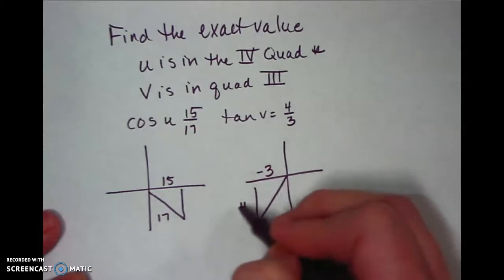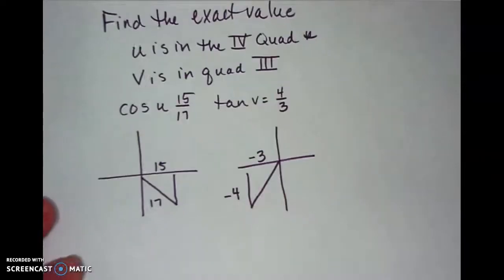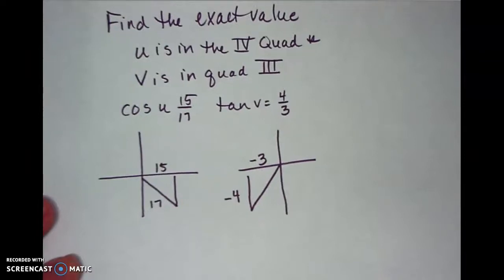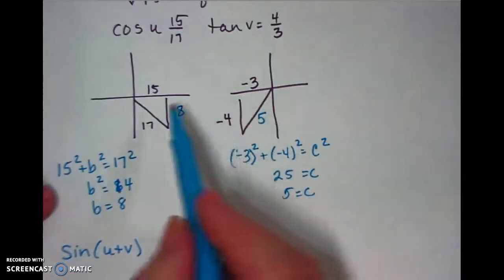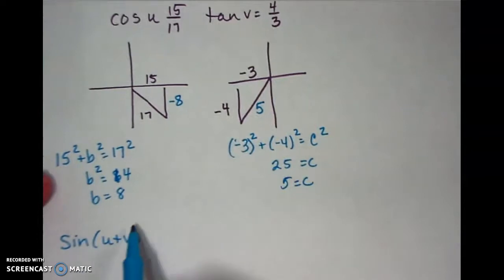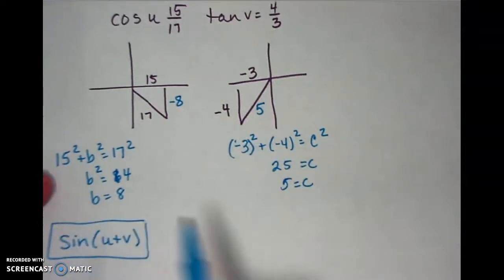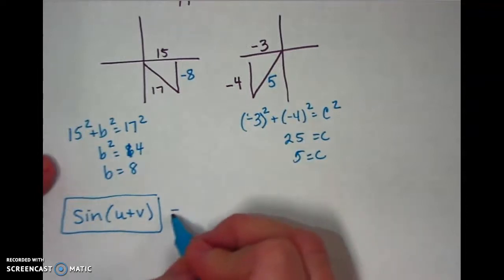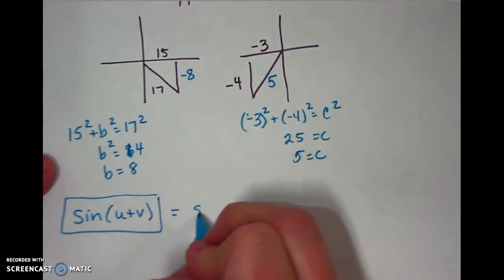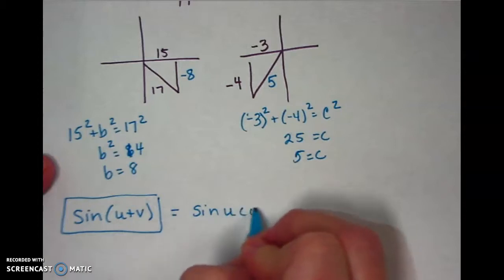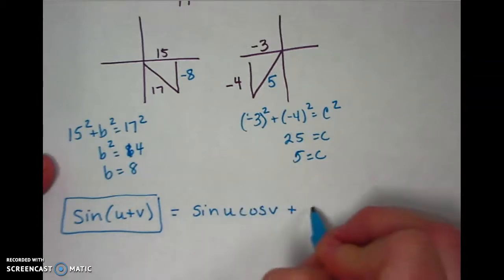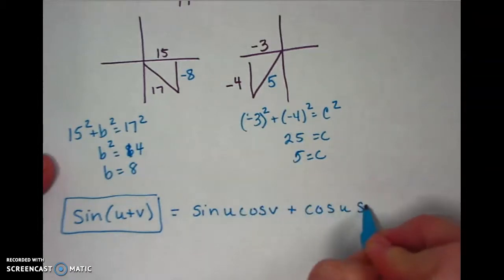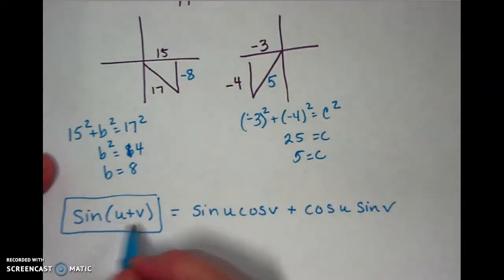Now remember, both of these numbers are negative. So first thing we need to do is solve these triangles. Alright, once I've solved these triangles, I am able to do what the problem is asking me. Find the sine of u plus v. So we're going to use the sine of u cosine of v plus the cosine of u sine of v based off of the formula.